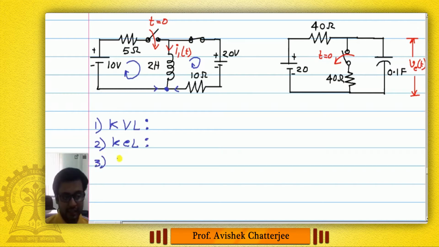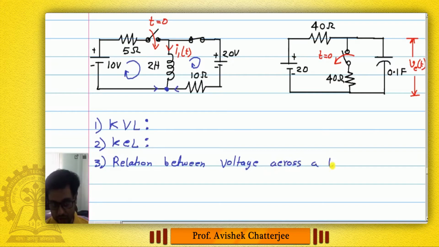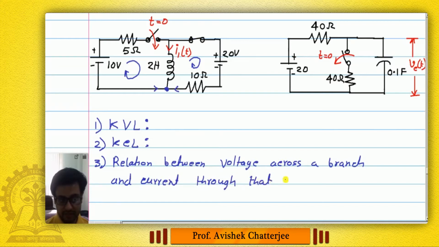And thirdly, we have a relation between the voltage across a branch and the current through that branch.